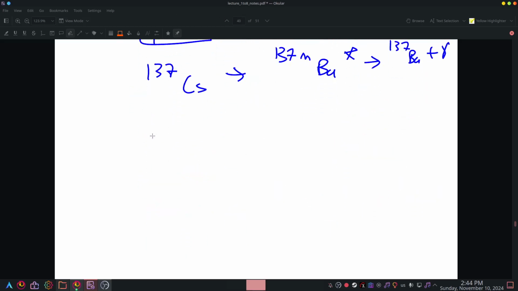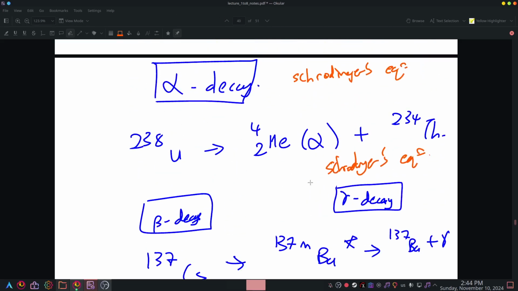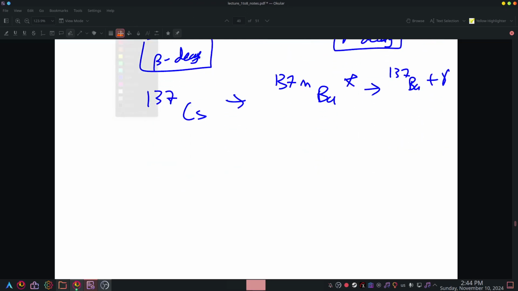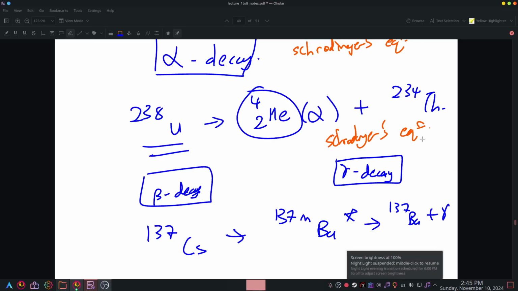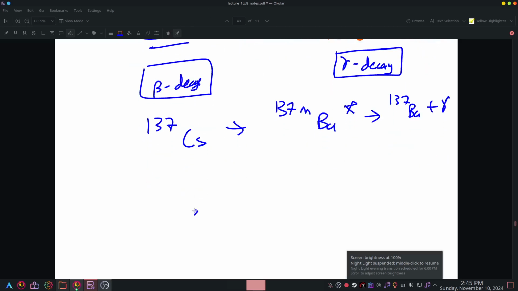The way we can think about alpha decay is that for this uranium-238, there is this alpha particle, this helium nucleus, orbiting around the thorium-234 nucleus.